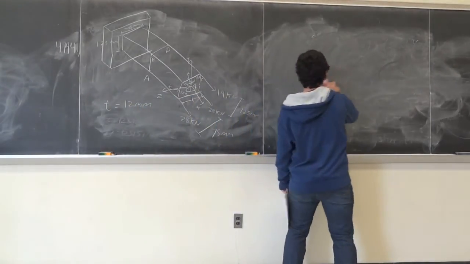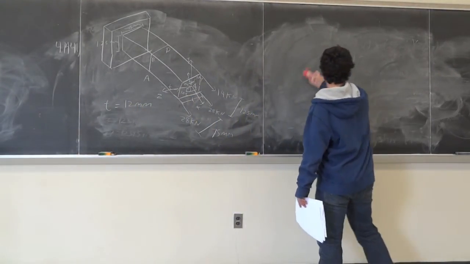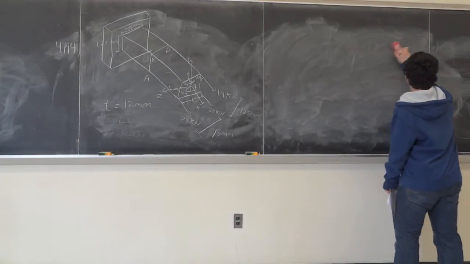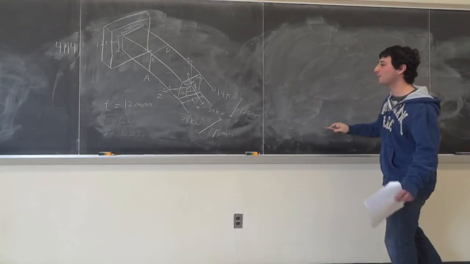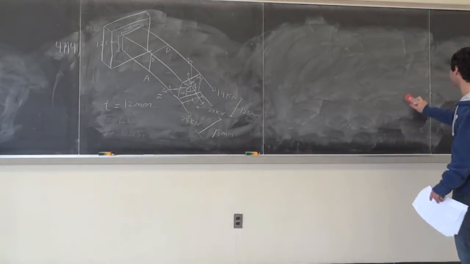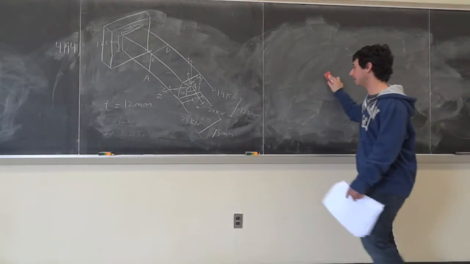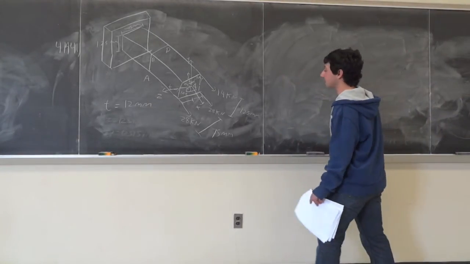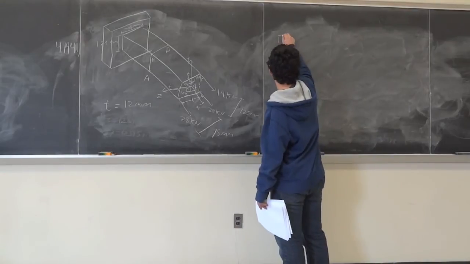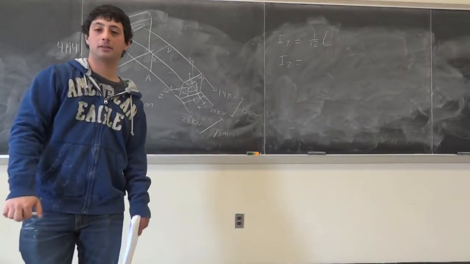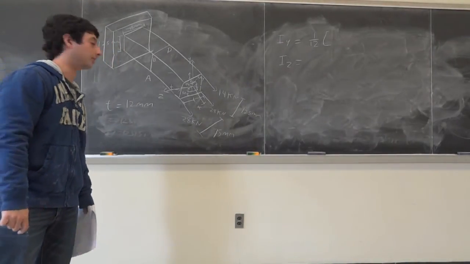Yeah, if it was a square, you're right. You don't have to. You could just calculate it for one, and then you'll be good. Okay. All right. So you need to calculate the moment of inertia around the y. There you go. All right.